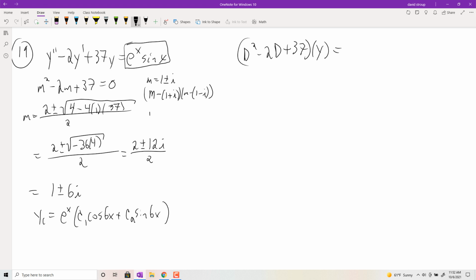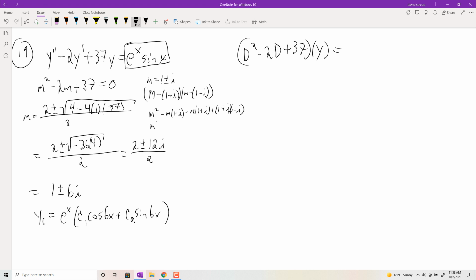Foiling that junk, you would get m squared, the outer, minus m times (1 minus i), minus m times (1 plus i), plus (1 plus i) times (1 minus i).